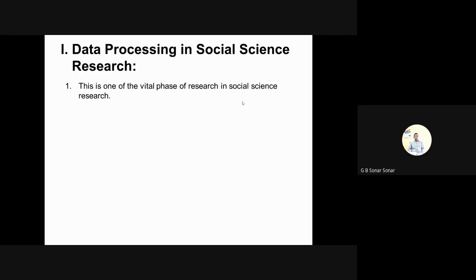And any research, particularly in social science research, begins with selection of a research topic. Research topic is chosen by the researcher, whether it is academic research or professional research.